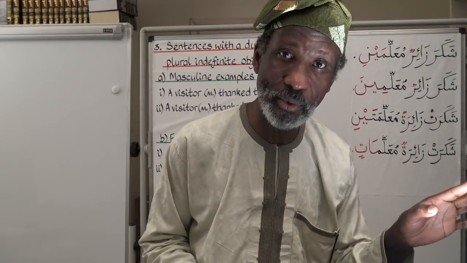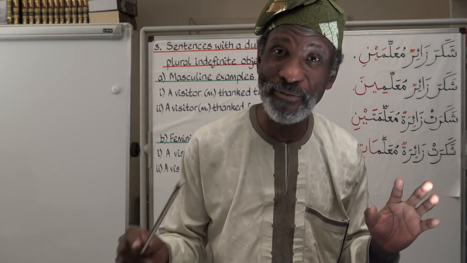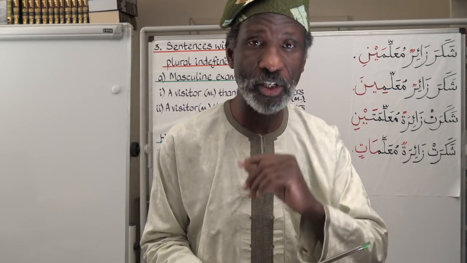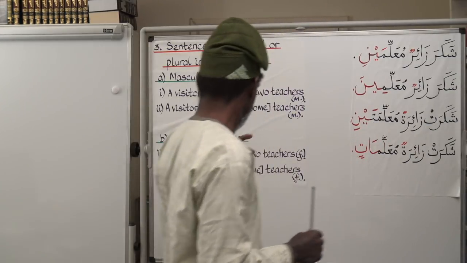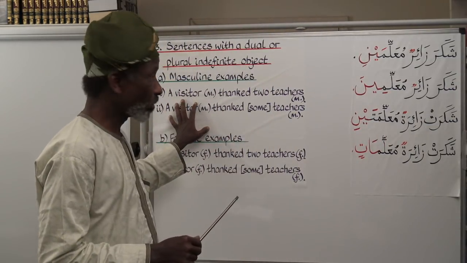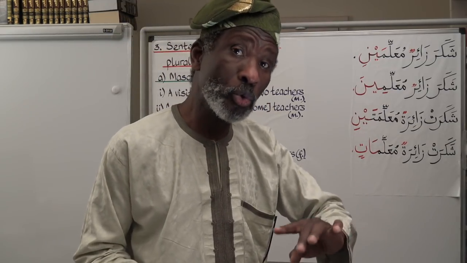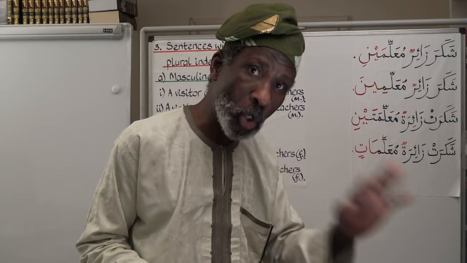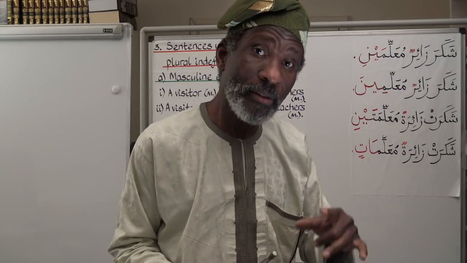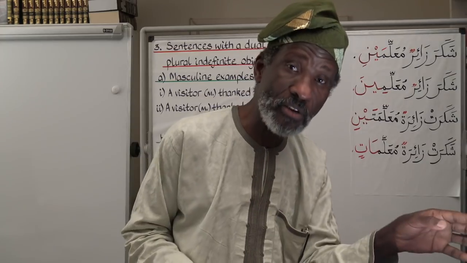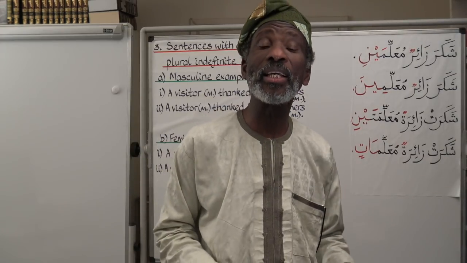Unlike many other languages, whereby you have to keep that order in order to convey the message. So, for instance, in English, we have to say a visitor thanked two teachers. If you put two teachers first, the meaning will be totally different. But in Arabic, the case ending is helping us to track who did and who is the receiver, who is the subject and who is the object within the sentence.